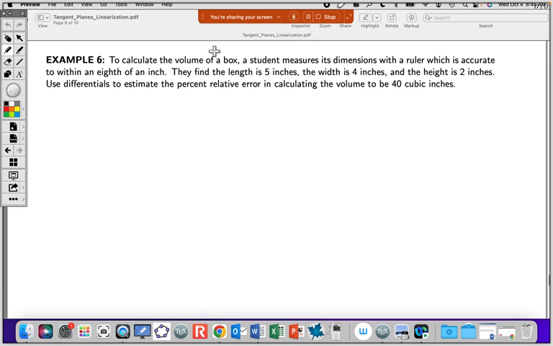What are we calculating here? A volume. And how are we getting that volume? We're measuring the length, the width, and the height. So what's an equation that relates volume with length, width, and height? If I call volume equal to V, then what's volume equal to?